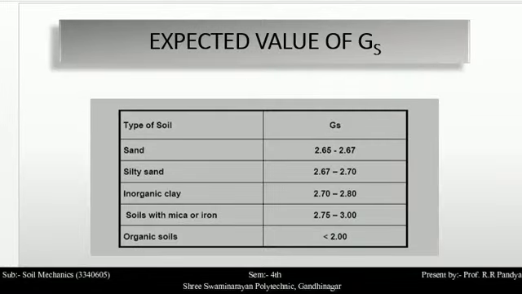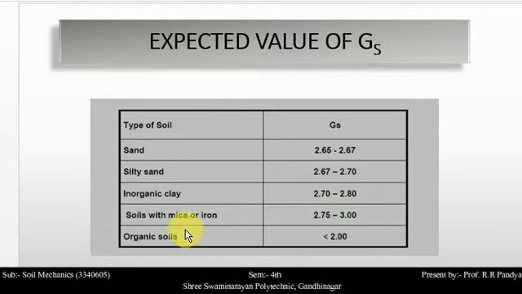Here are some values of specific gravity of different types of soil. For sand, the specific gravity lies between 2.65 to 2.67. For silty sand, between 2.67 to 2.70. For inorganic clay, between 2.7 to 2.8.